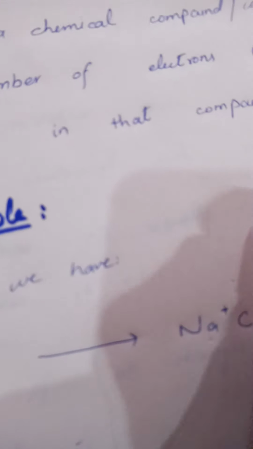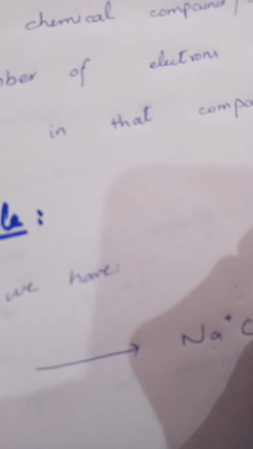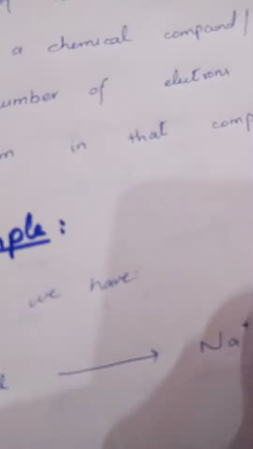We know that an electron is negatively charged. When a negative charge is removed from an atom, it has a positive charge in the compound, and chlorine gains the electron, so it has a negative charge in the compound.